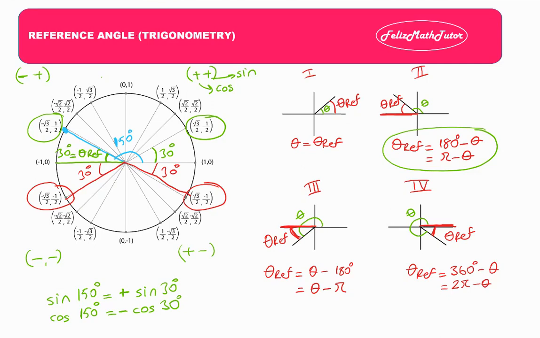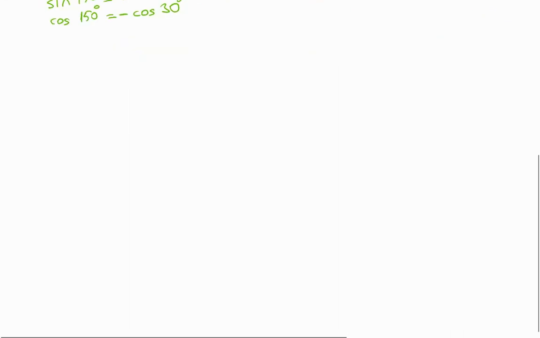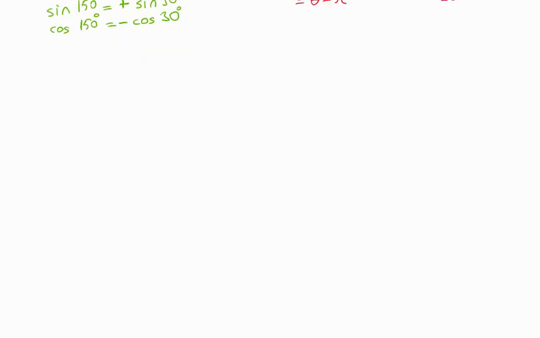Okay, so let me make some examples about this reference angle stuff. Let's say we have 135 degrees. I can put 135 degrees on the coordinate plane. This is my angle.